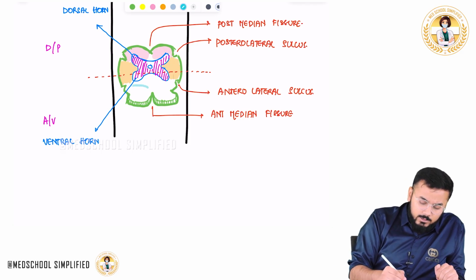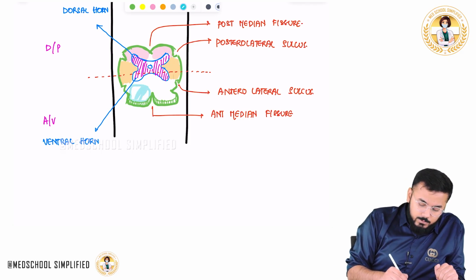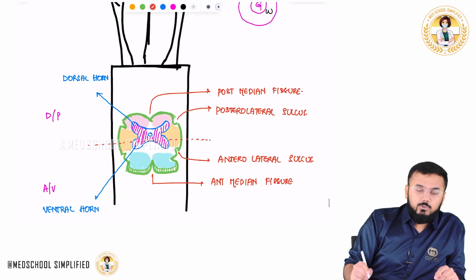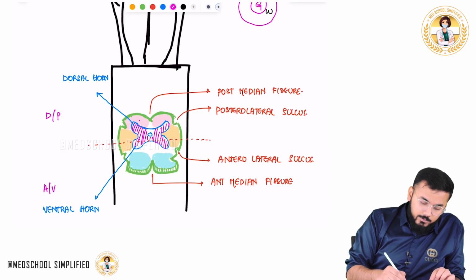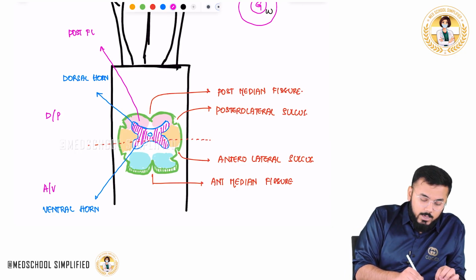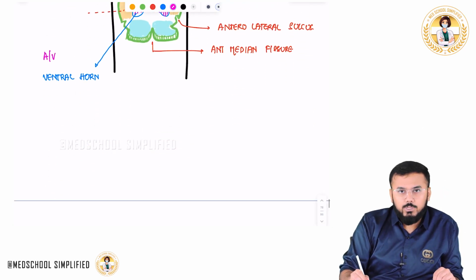Now look at the third funiculus. This particular part is one funiculus and this particular part is also another funiculus. Now let us name all these funiculus. This particular funiculus which you can see over here is called the posterior funiculus.